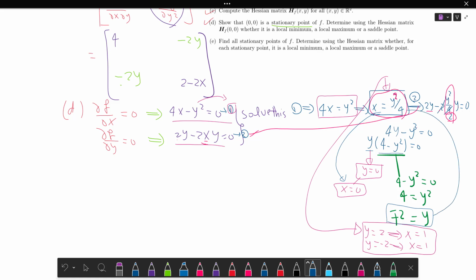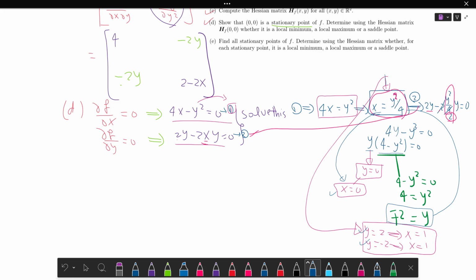If y equals positive 2, x will be 1. And if y is minus 2, when you square any negative, it will be positive, so you have positive 4 over positive 4, and also x equals 1. So how many points do you have? 1, 2, 3, right? So you have 3 points to check.